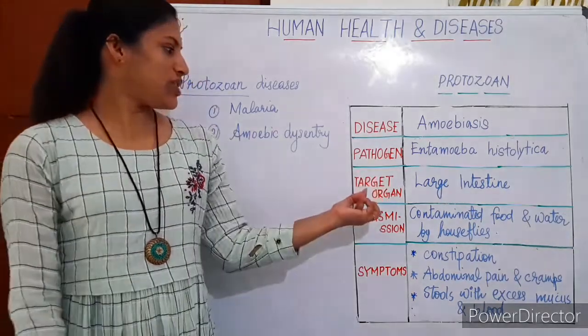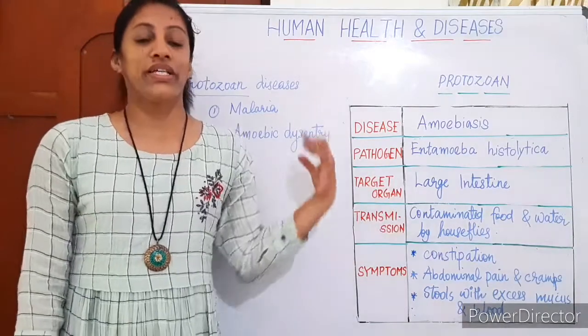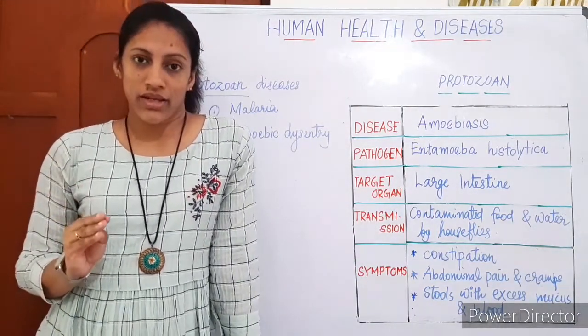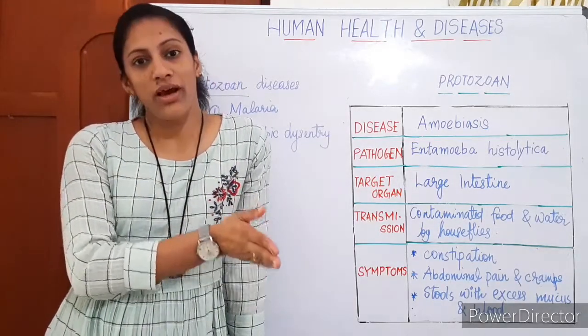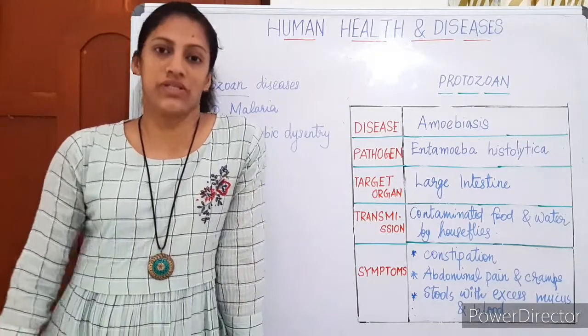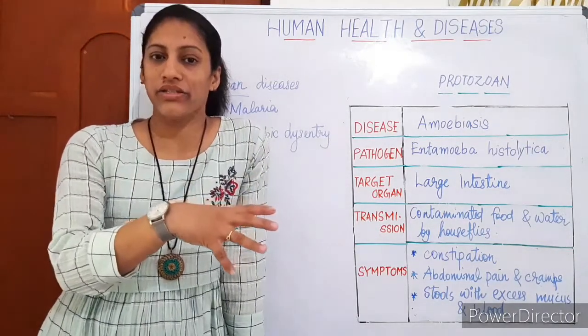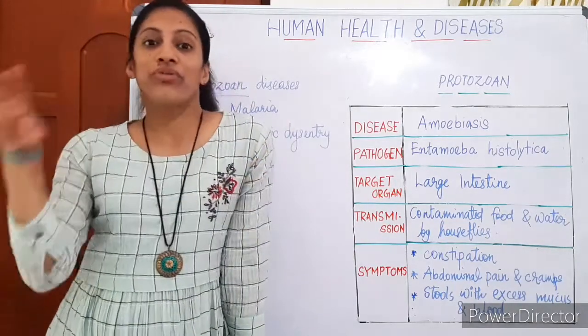So anyway, just understand the transmission. Its target organ is the large intestine. Its transmission is by houseflies, which have contact with the fecal matter of the patient. The houseflies act as mechanical carriers from the deposited fecal matter to the food items.